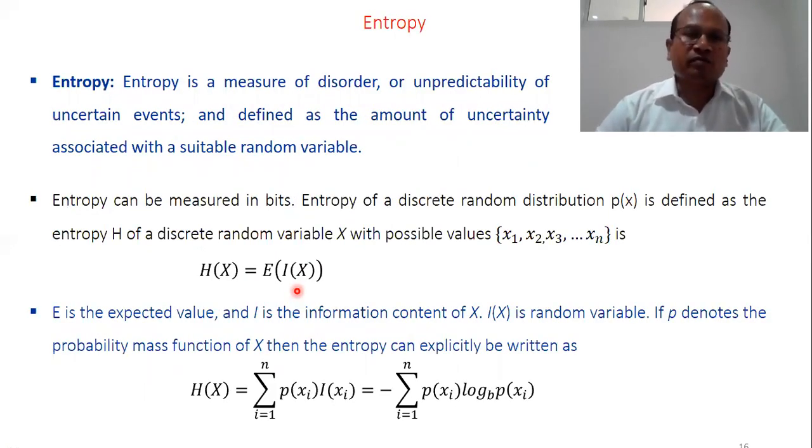Next is entropy. Entropy is the measure of disorder or unpredictability of uncertain events, defined as the amount of uncertainty. Especially for the noise signal, which is a random, unpredictable signal, when we want to know how much information the noise has added to the original signal, entropy gives a good way to calculate the amount of information contributed by the noise.